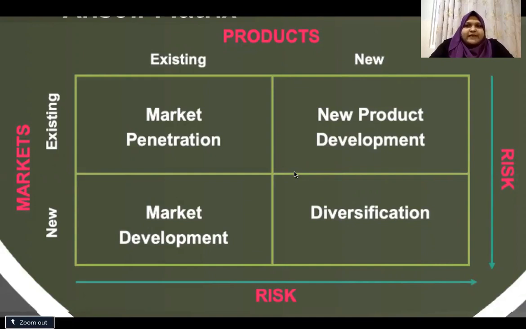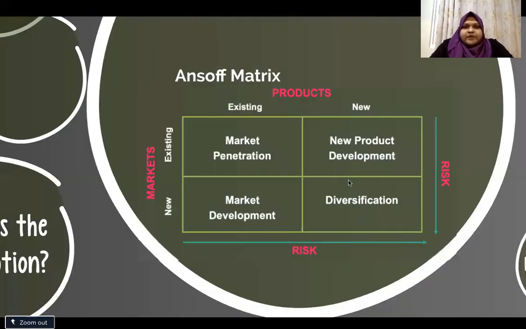This is the safest method. If companies think about the same market and new products, it is product development. If they try to sell existing products to a new market, it's called market development. And the riskiest of all is building a new product for a new market. These are the strategies which we will now look into further.